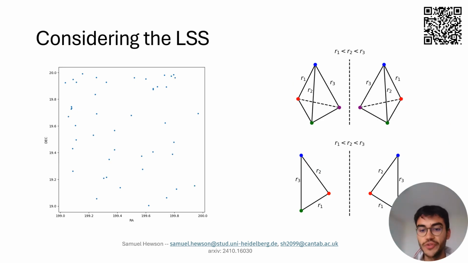So in terms of considering the large scale structure, here we have a zoomed in region and we're treating the galaxies in the BOSS dataset as points from which we can then ask, are these points distributed in a parity violating way? So in this case, we have this localized region with some number of points, and when we are considering parity violation, we are looking across this scale, this number of points.